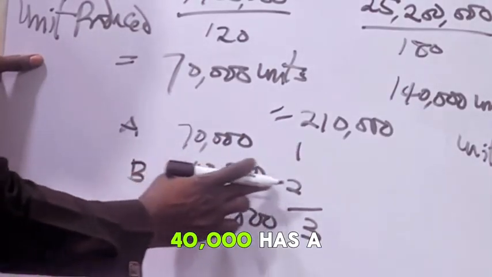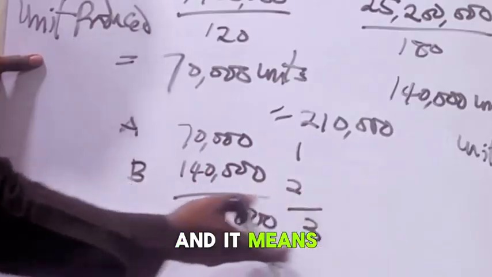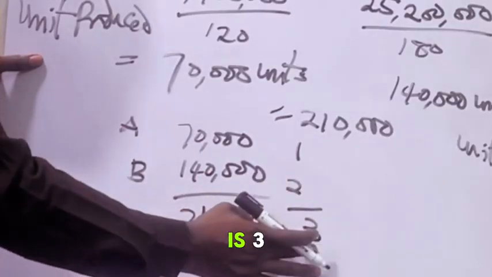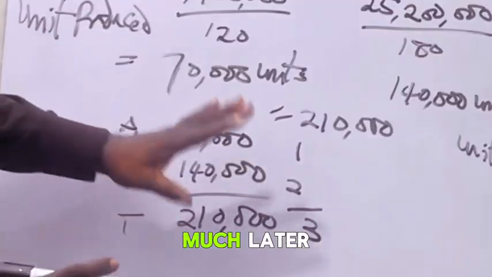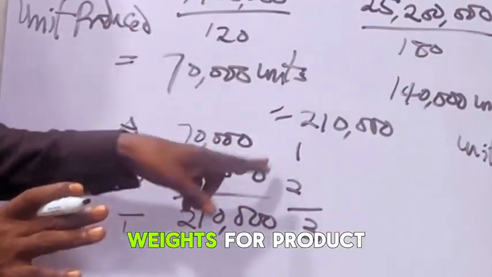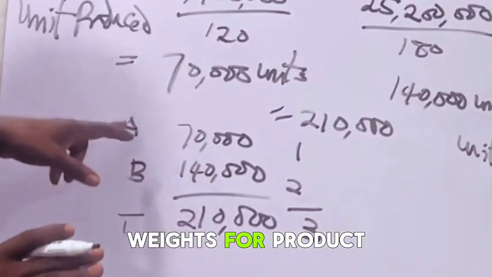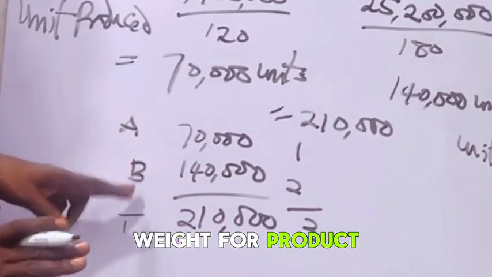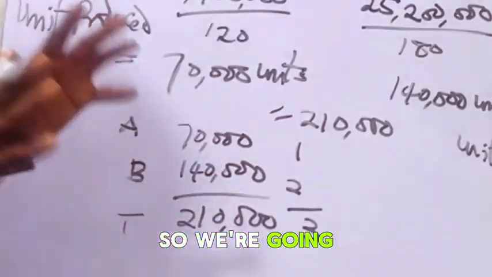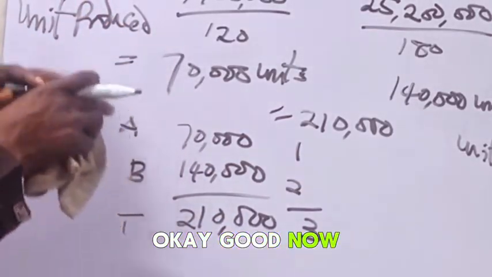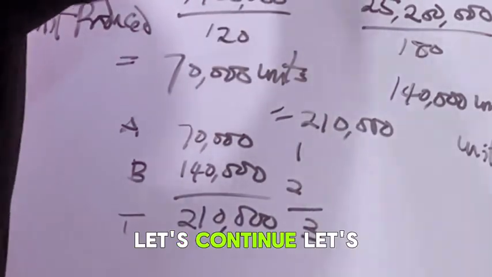It means 140,000 has a weight of 2. And it means their common denominator is 3. So we're going to use this much later. Don't forget it. These are the weights: the weight for product A is 1, and the weight for product B is 2. So we're going to use this, okay?